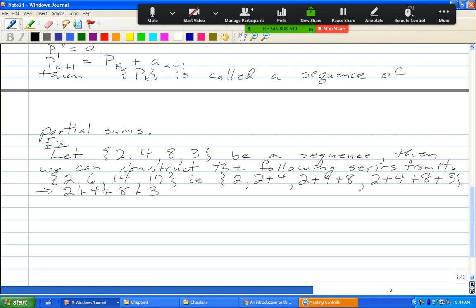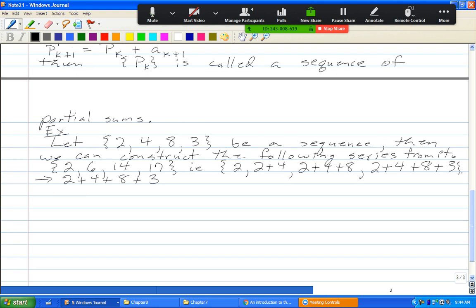Let me give you some properties of summation. Let C be some constant.